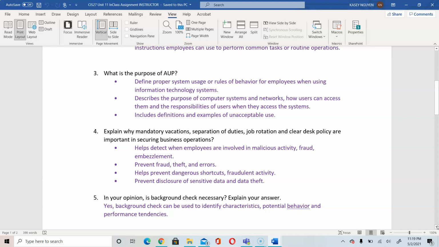And lastly, the clear desk policy prevents disclosure of sensitive data or data theft. Because clear desk policy requires that employees remove all the sensitive documents and clear them, which could mean shredding or filing them safely in a cabinet that would be locked. So that way it can prevent disclosure of sensitive data or data theft.